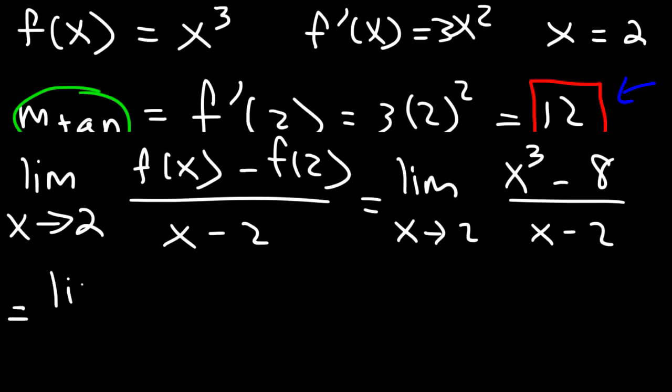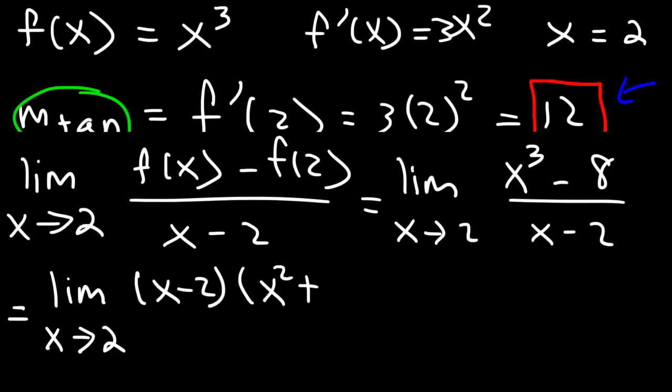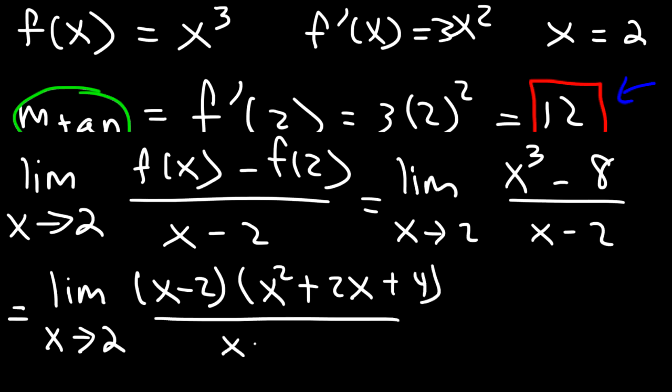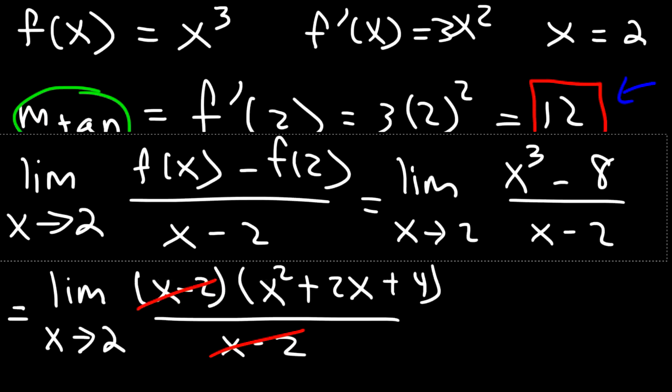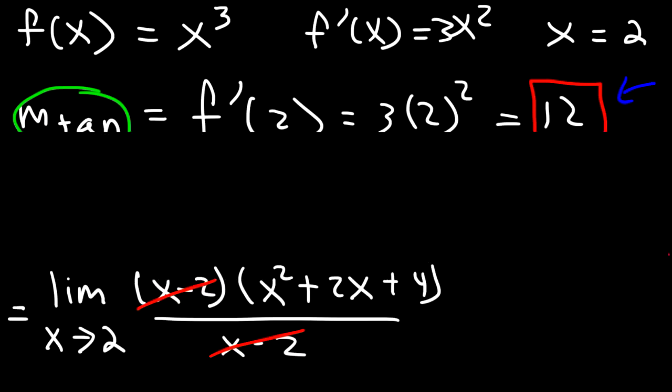So now we have this. The limit as x goes to 2 of x minus 2 times x squared plus 2x plus 4 over x minus 2. So now these two factors will cancel. And now we can substitute 2 with x.